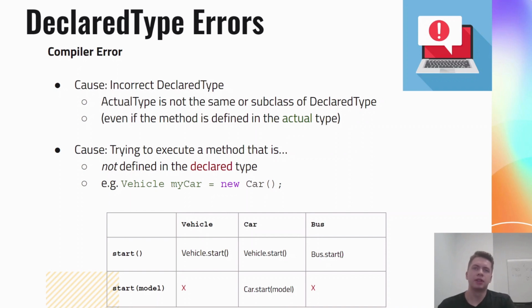So in this example, if we defined a car with declared type vehicle and tried to call start of model 1, even though car contains an implementation for start with a single parameter, since vehicle does not, we'll get a compiler error. Java will treat our actual type car variable as a vehicle, and vehicle does not have an implementation for start with a single parameter.